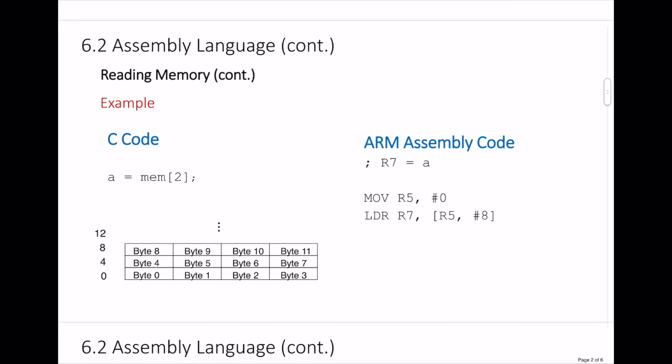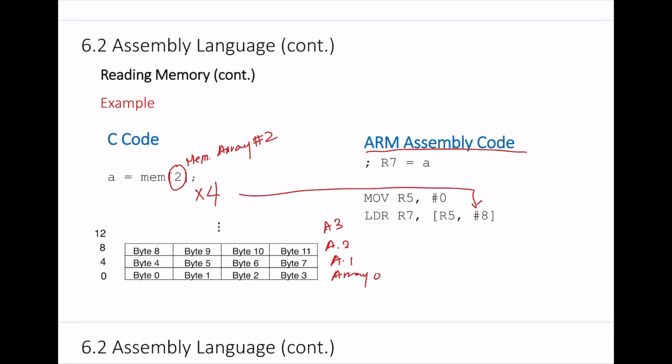So here's an example. If the C code is given as A equals mem[2], that means we need to go to memory array number 2. Remember, the very first one is 0. This is array 0, array 1, array 2, and so on in the C code. When you convert this into ARM assembly code, array 2 has memory address 8. Why? Because it's byte addressing and we're using big endian.